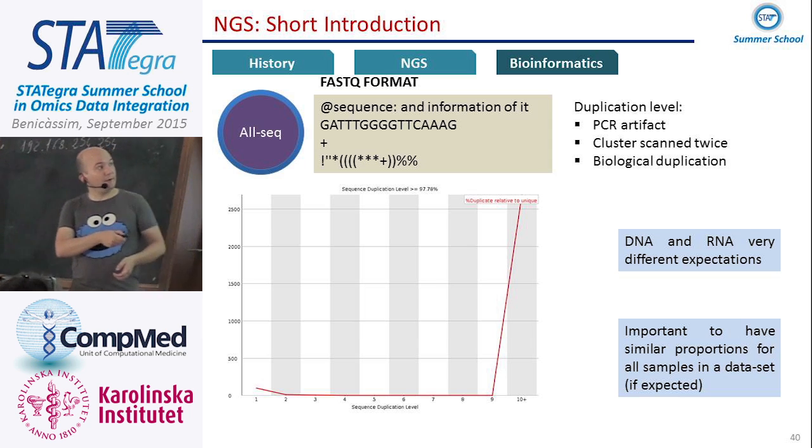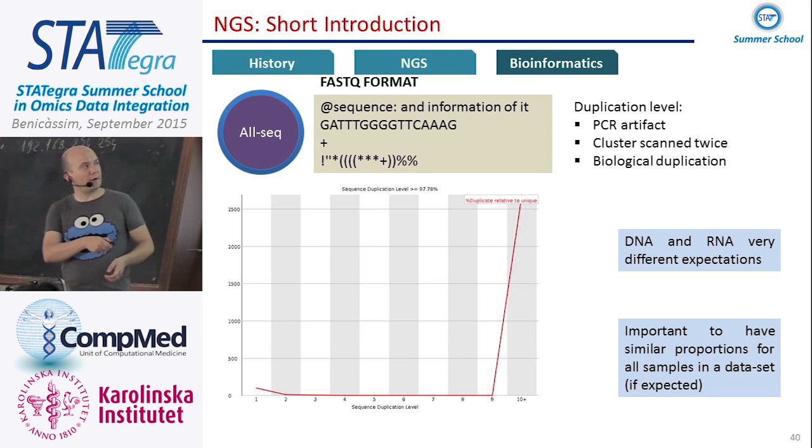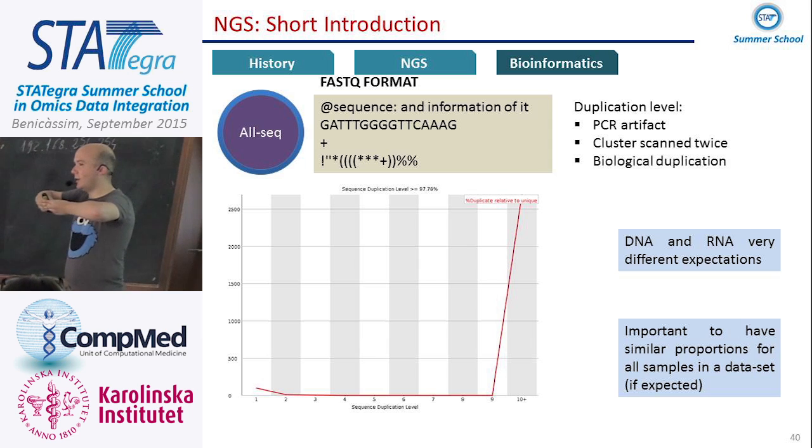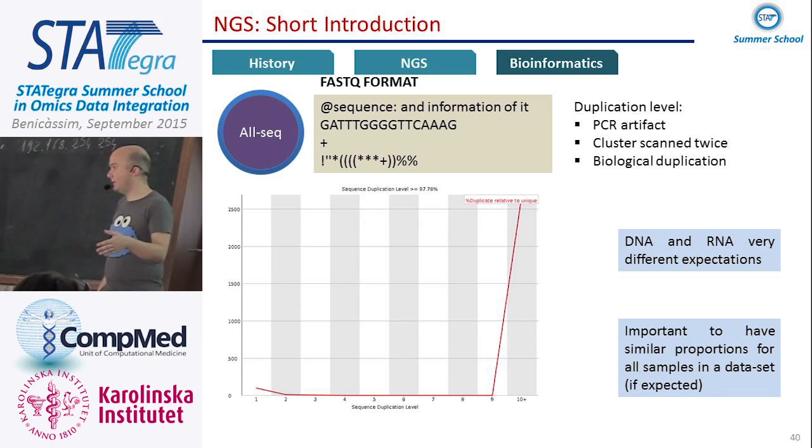So when we compare DNA and RNA, it has very different expectations. In DNA-seq, if we sequence the entire genome of an individual, we don't expect to have the same sequence twice, because we are going over the entire genome. If we go to many, many reads, maybe we can start expecting to get the same one twice, or 3 times. So I can set a limit: maximum twice, maximum 3 times.